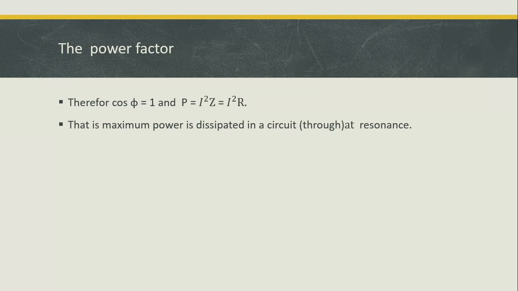So Z is just equal to the square root of R square, that is R. So we will write down that P is equal to I square Z, which is equal to I square R. That is the maximum power dissipated in the circuit at resonance.